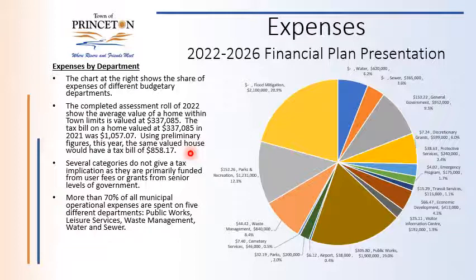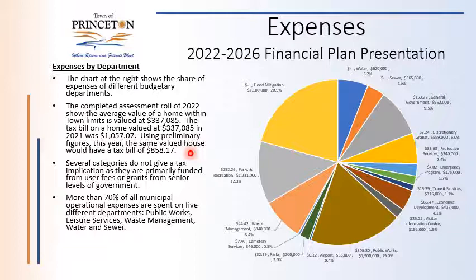We'll go over this a little bit more when we get to the revenue side of our budget presentation, but essentially in town, according to BC Assessment and their completed roll, the average value of a home within town limits, a property with an improvement on it, is $337,085.